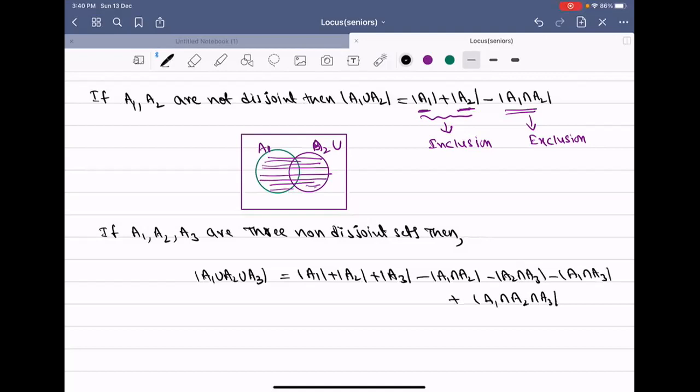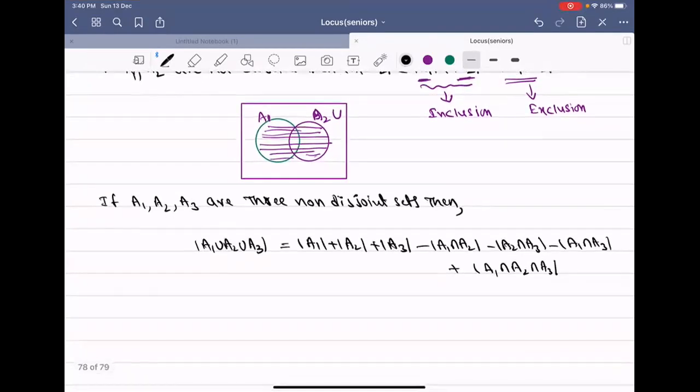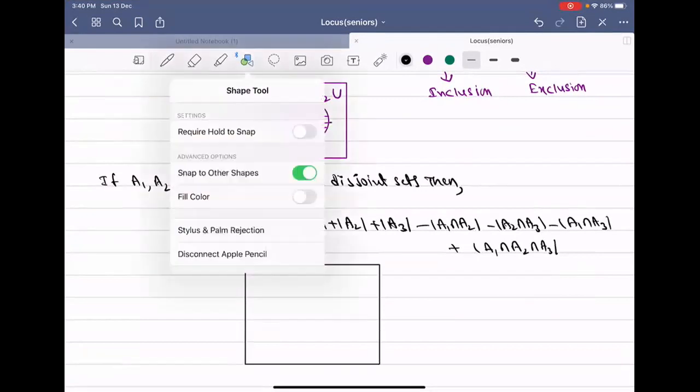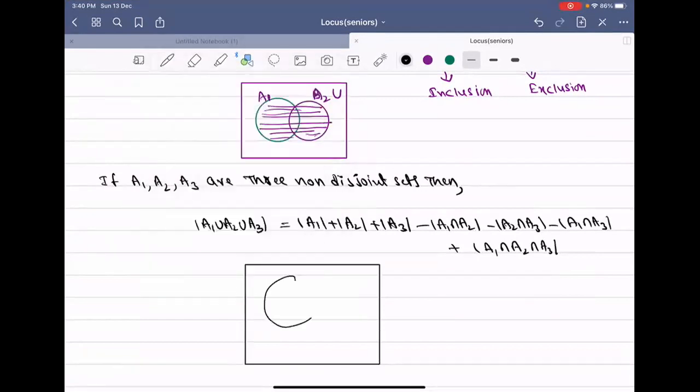The reason is similar to the previous one. If you draw the Venn diagram, this is set A1, this is set A2, and this is set A3.